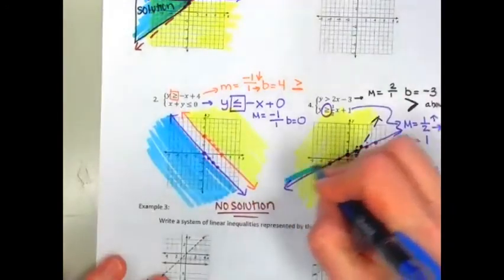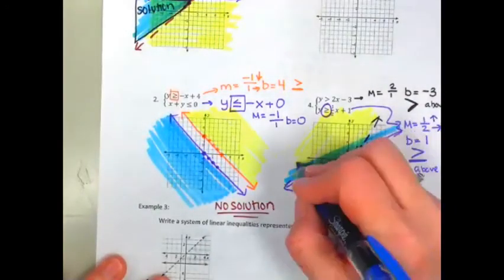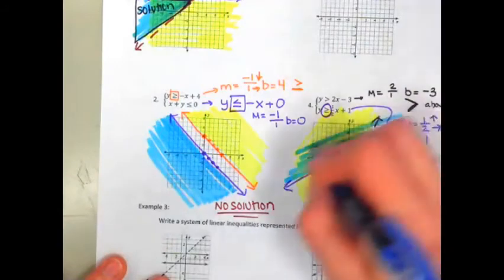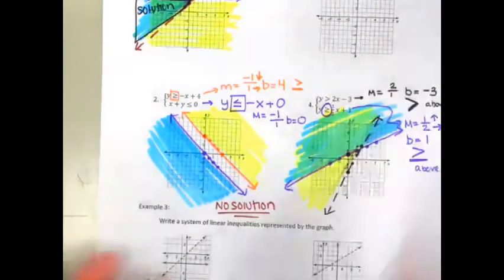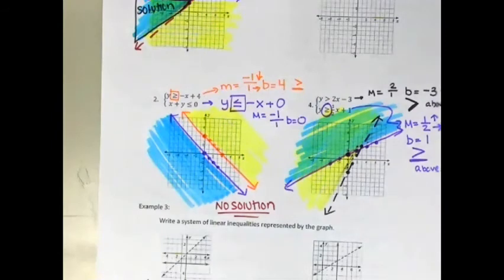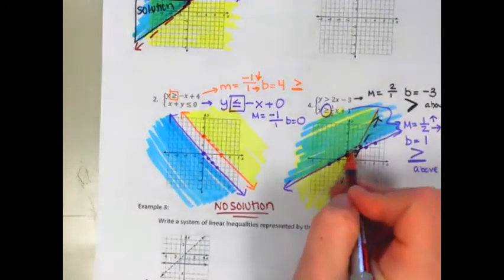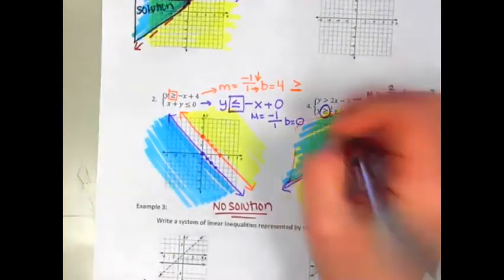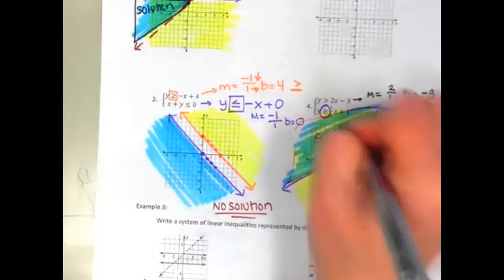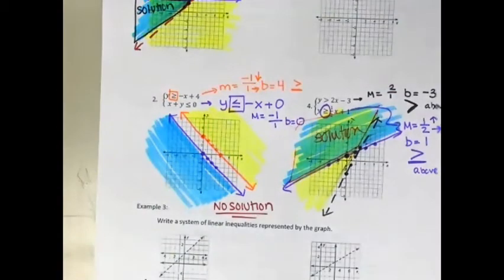So all of this is the solution to that line, but what would be the solution to this system? Where do you guys see your intersection? In this spot right here, right? So this here is my solution. There we go. So make sure it's darker, or, if you're using highlighters, it changes color. So make sure you just kind of show that the green is the color or whatever it is.